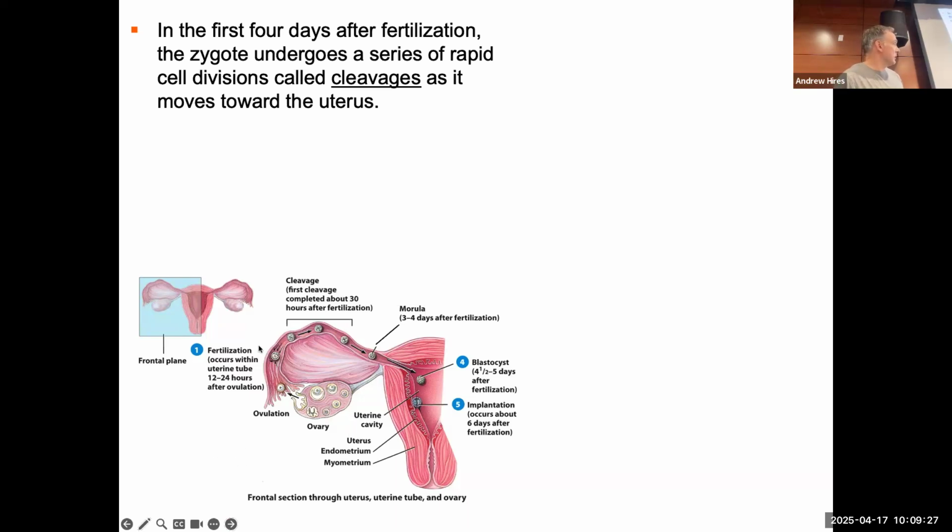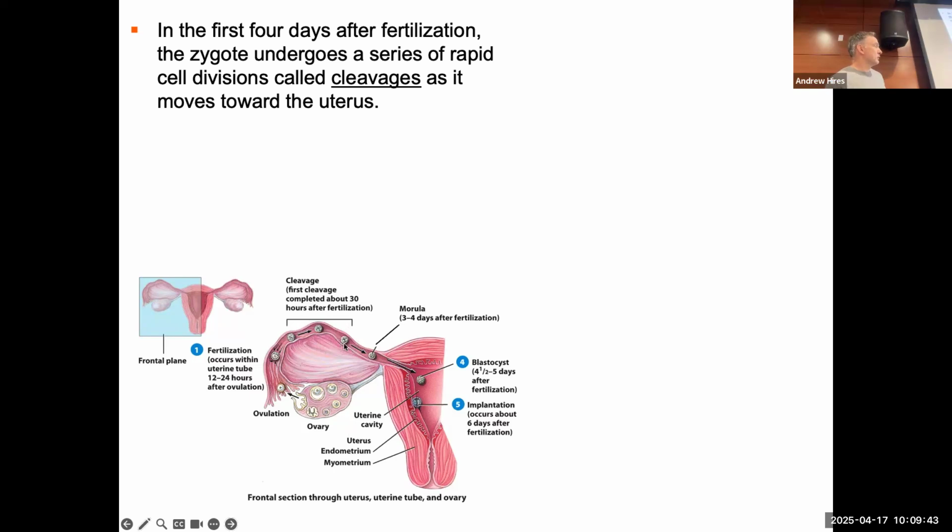Fertilization is happening in the fallopian tube within about a day of ovulation. The first cleavage will take place, and the second cleavage will take place as it travels down the fallopian tube.